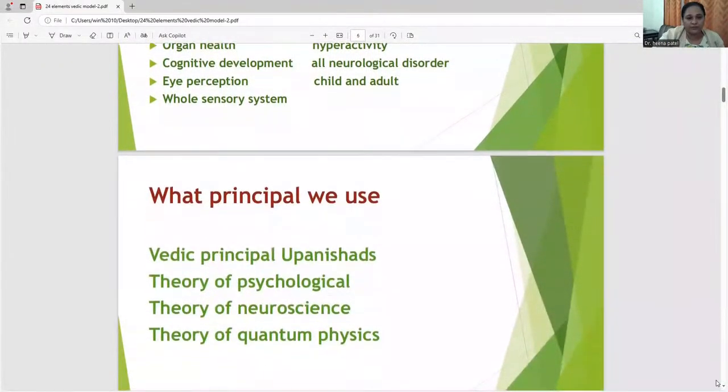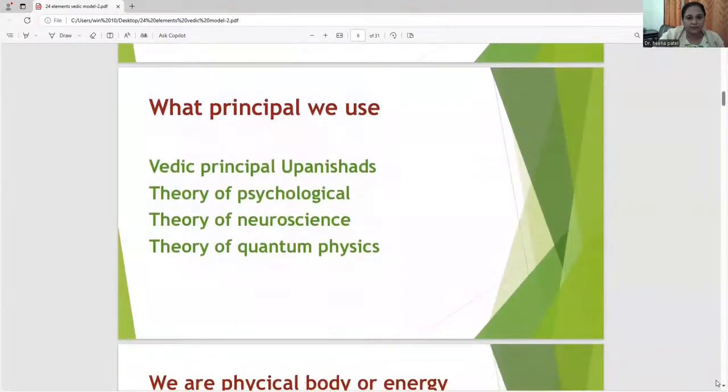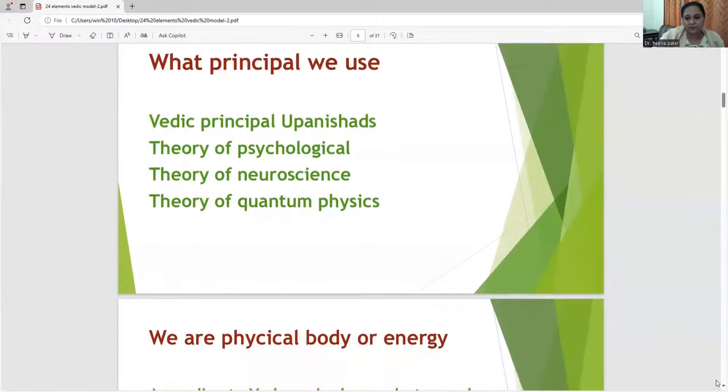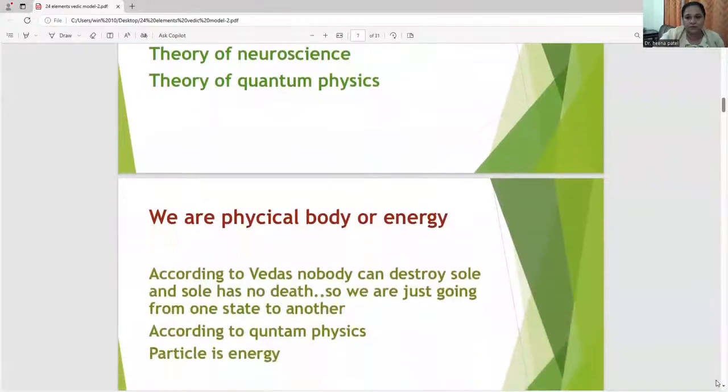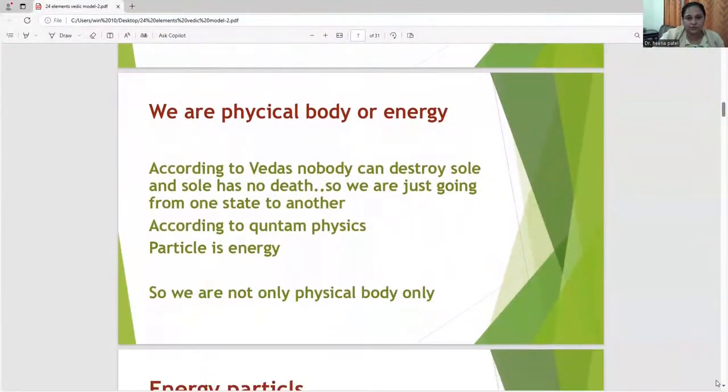What kind of principles have I used in this model? The Vedic principles that we have already discussed, theories of psychological issues, theories of neuroscience, theory of quantum physics, and let's understand one by one how all these principles help us to resolve our deep-seated issues.